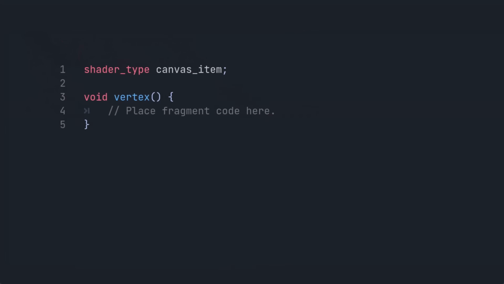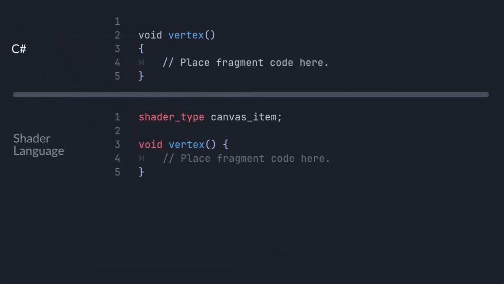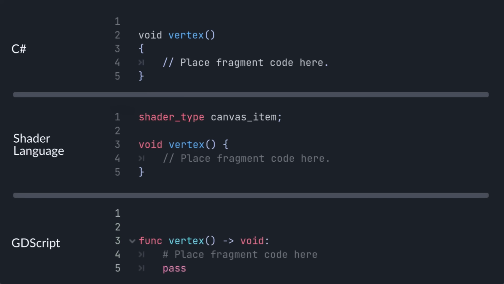If you come from C#, then this shader language will actually look very familiar. We have a return type, a void. The function is named Vertex, and it takes no parameters. If you're coming from GDScript, you will notice that a few things are a bit different. In the shader language, the return type is at the front of the function, while in GDScript, it is at the back.